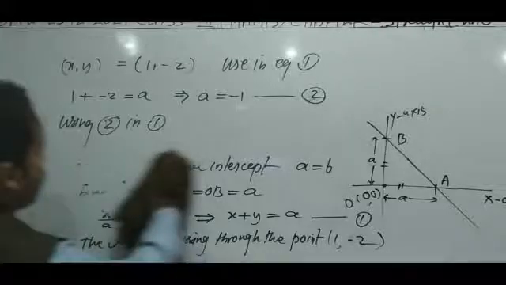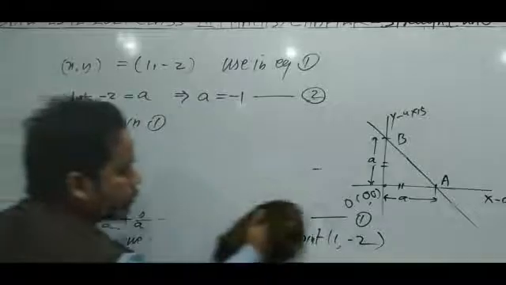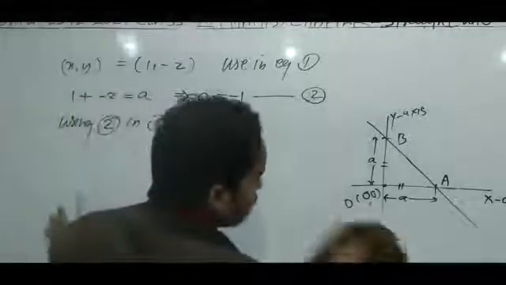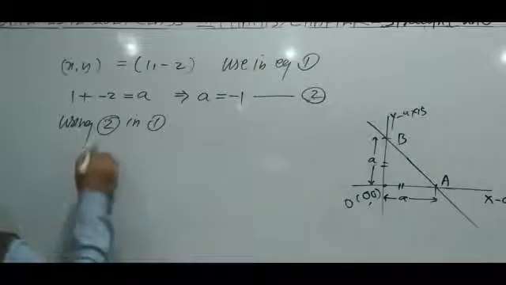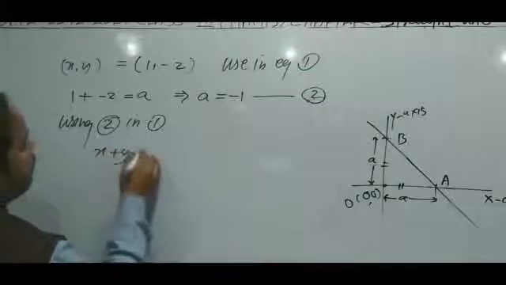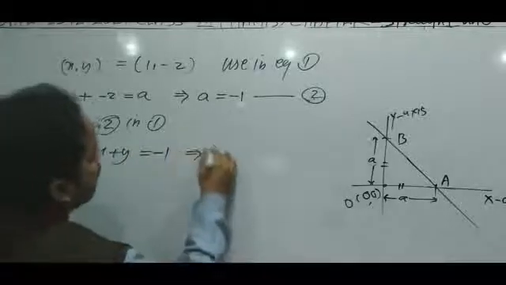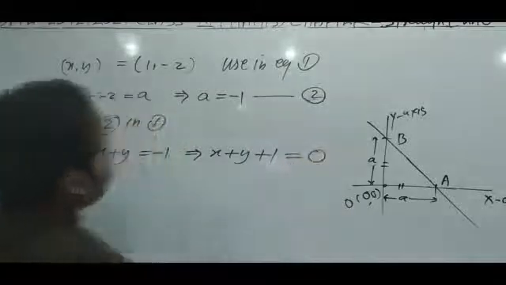You will see x plus y is equal to minus 1. This implies x plus y plus 1 is equal to 0.